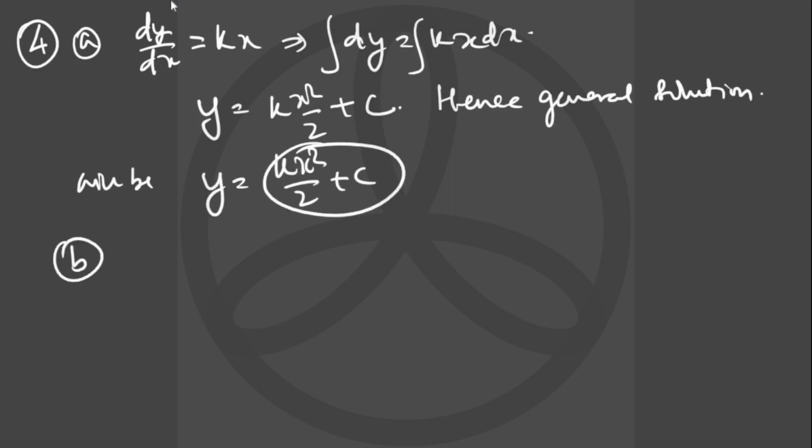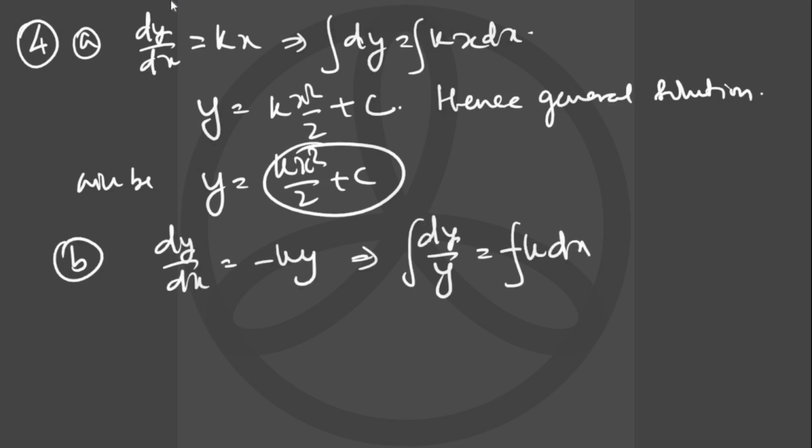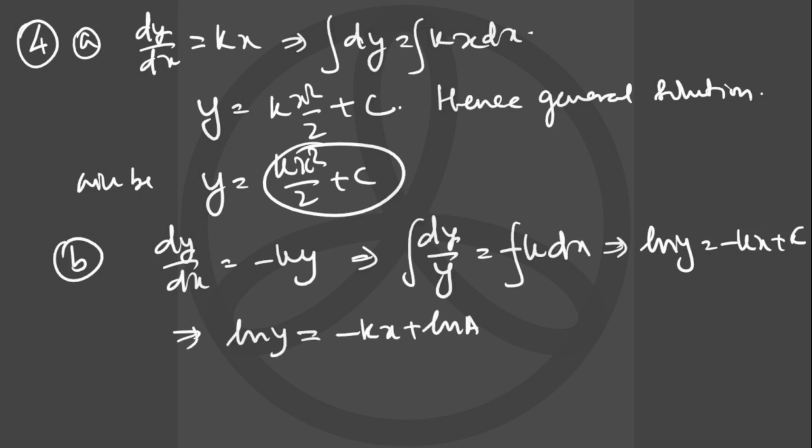P is dy oblique dx. Here, if C is a constant, we have assumed we can substitute C with another constant ln A. It doesn't matter, it will be one and the same.